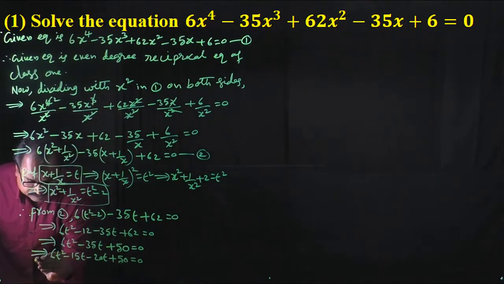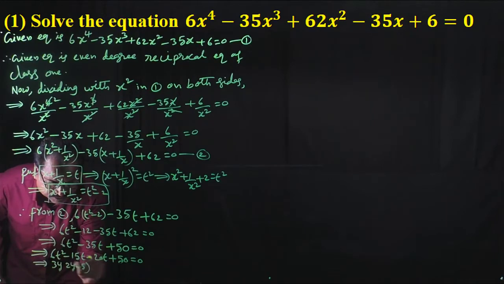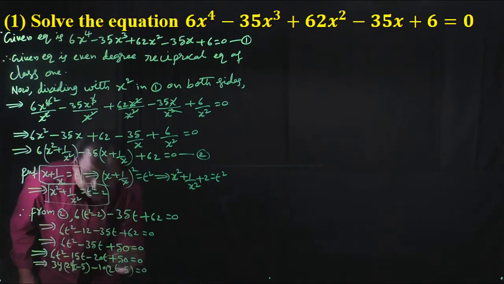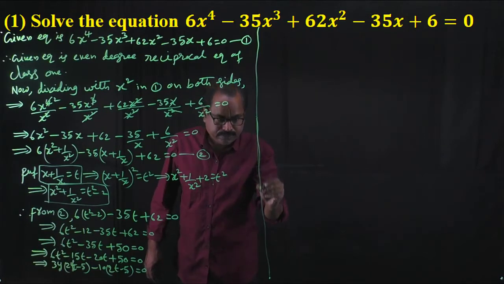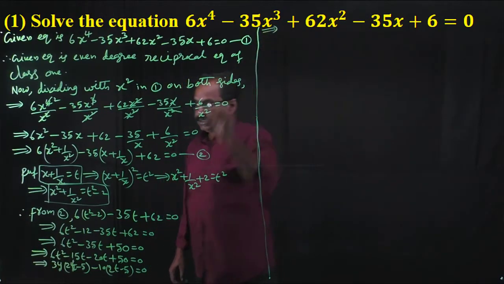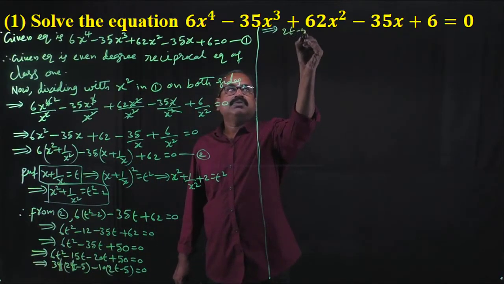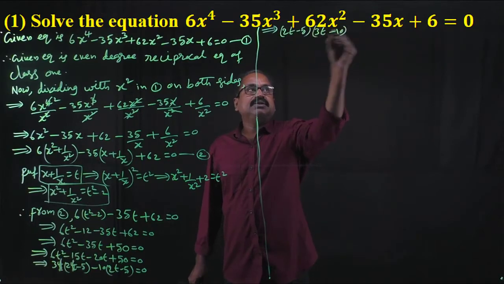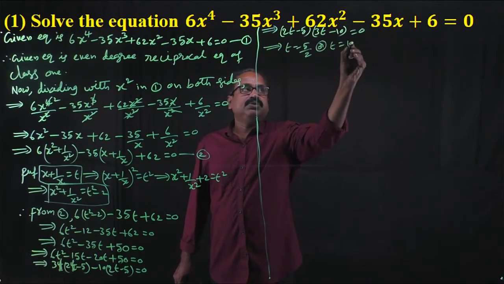So this implies 3t is the common factor, 3t(2t - 5), minus 10 is the common factor, -10(2t - 5) = 0. Here 2t - 5 is the common factor, (2t - 5)(3t - 10) = 0. This implies t = 5/2 or t = 10/3.